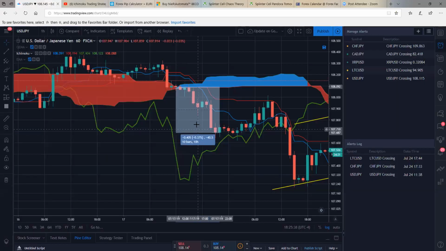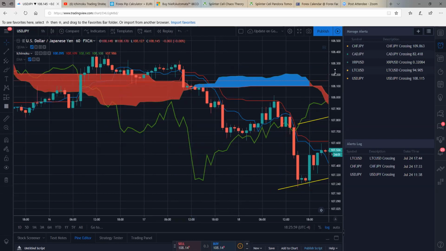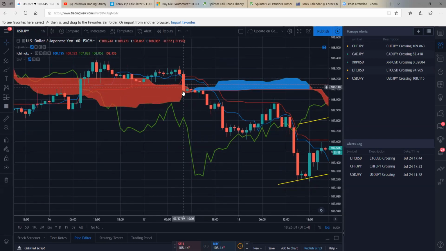And that would have been a matter of 10 hours of just letting this sit and come on down, and then bam, it automatically hit your take profit had you been going for 40 pips or points. And remember, this all started with a large candle pushing through the cloud going down.